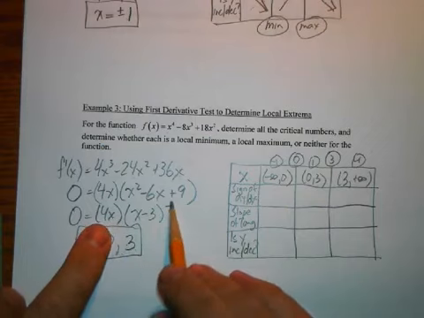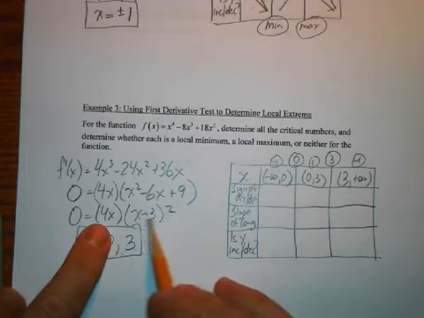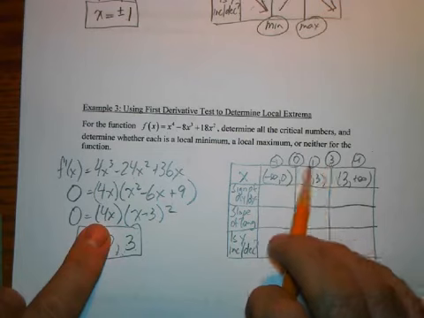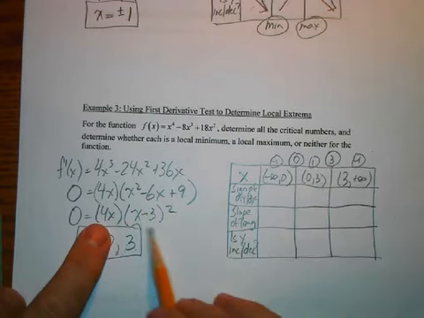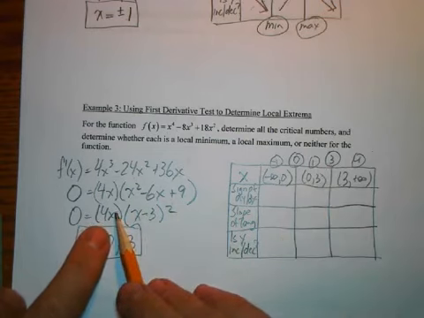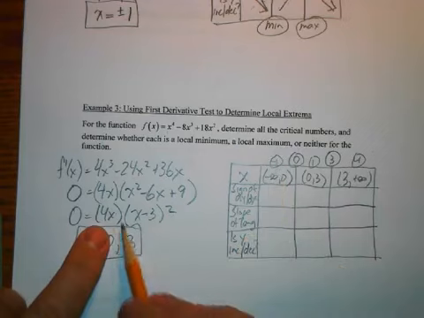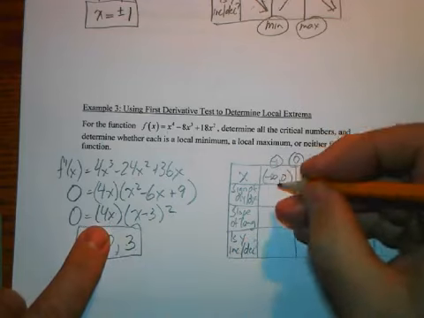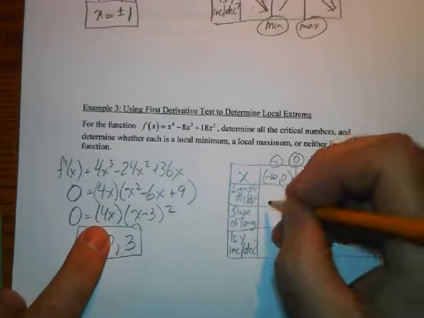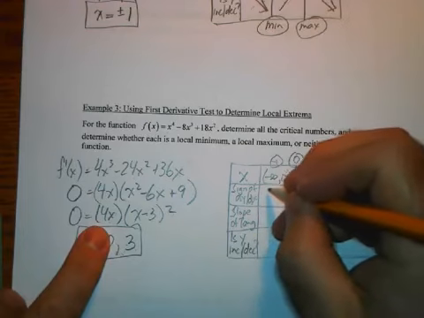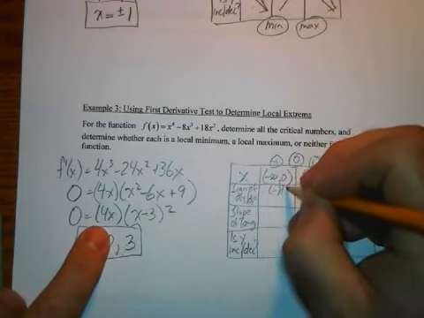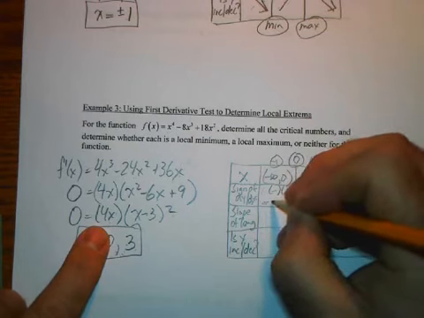And this is always going to be positive, right? Because it's a number squared. And it's not going to be 0 because we're not going to plug in 3. So this will always be positive, so it really depends on this. So I plug a negative value in, it's negative times positive, and that's equal to negative.